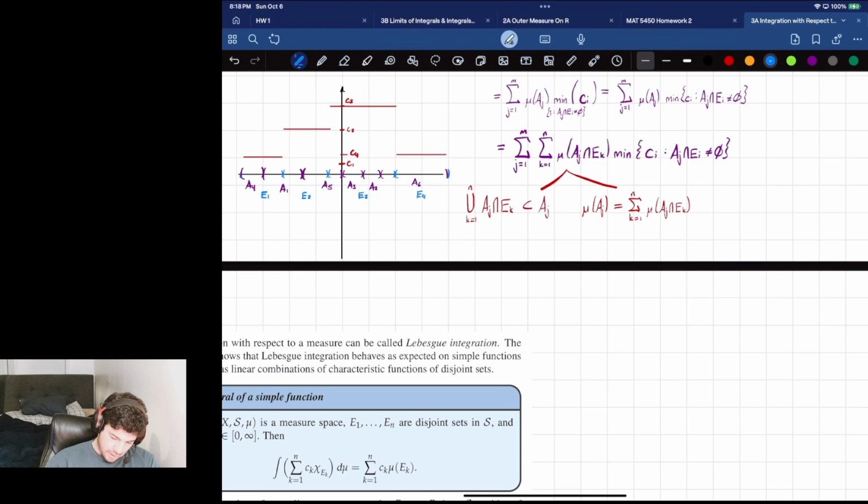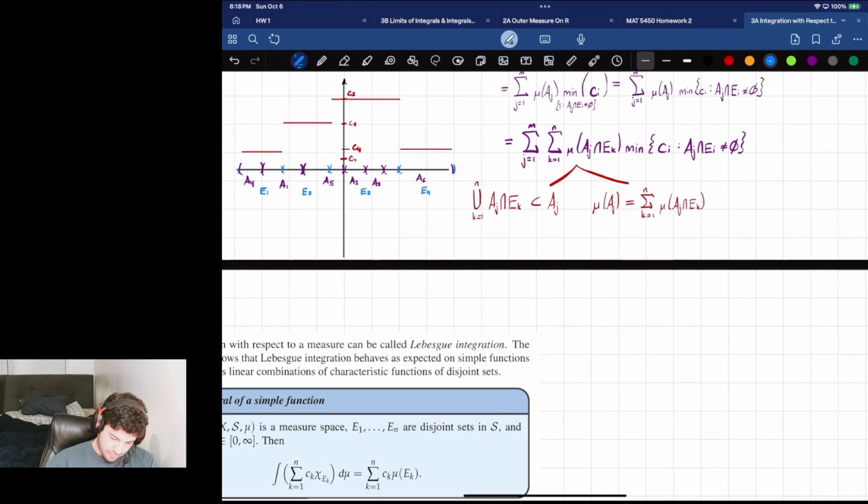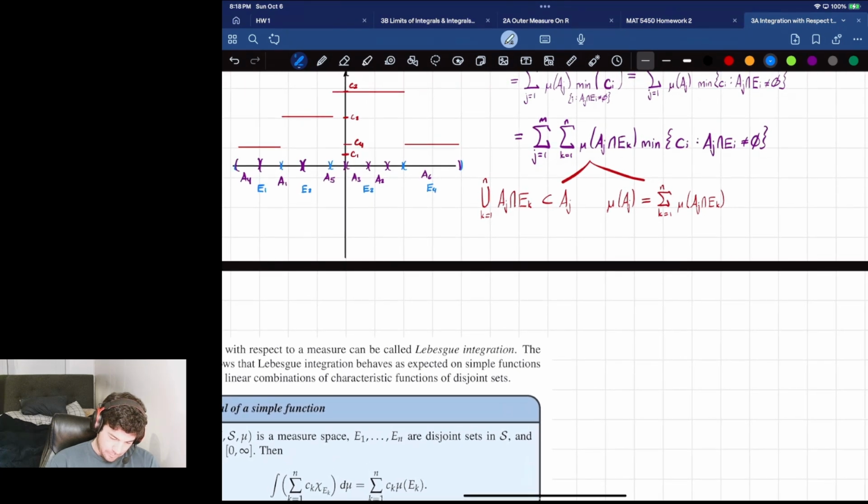Okay, we'll take this example. We're taking... it's still a lot of terms. J is equal to 1.